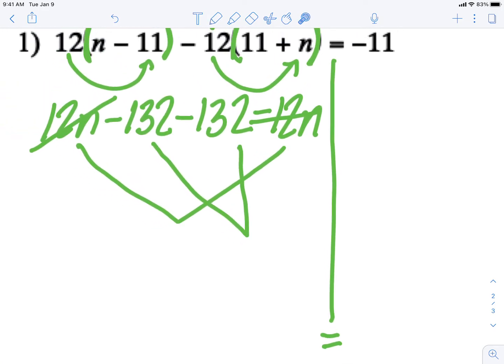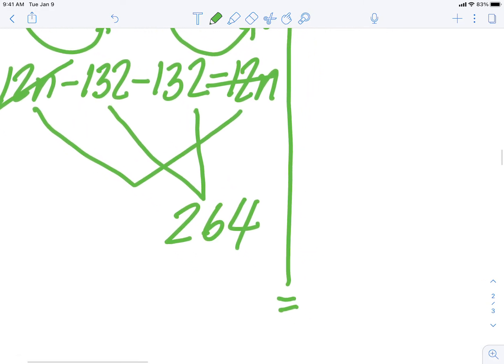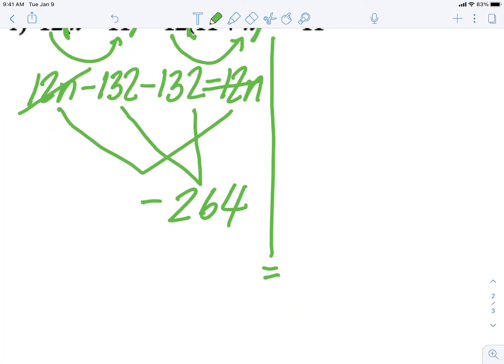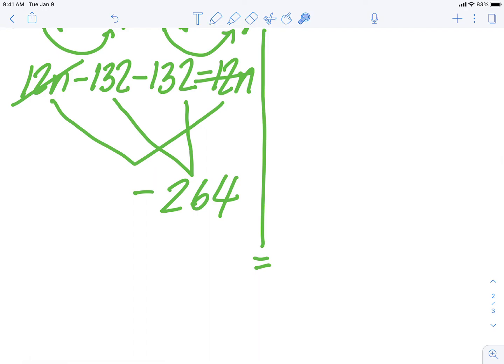Now, negative 132 and negative 132 are the same signs, so I have to add them. 132 and 132 is 264. And it's a negative because they're both negative, right? So I have nothing left here.